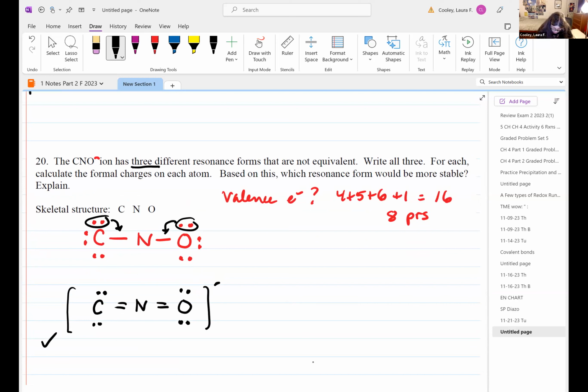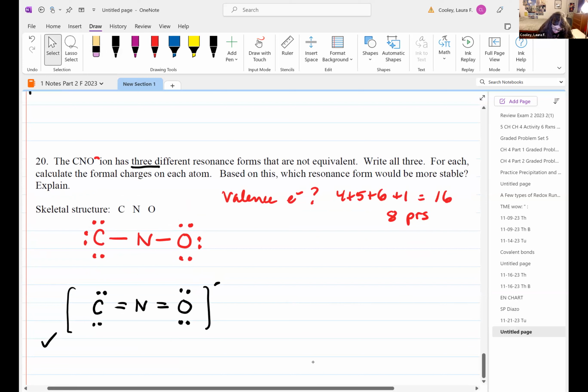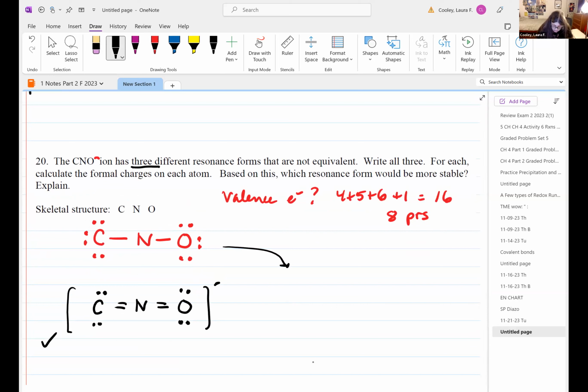So what if we didn't do that? What else could we do to get an octet on the middle nitrogen? Could triple bond something. Okay, let's take one from here and one from here. And we could have N triple bond. Oh, we only have 1 lone pair left.